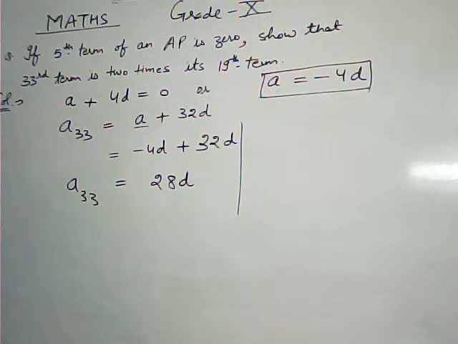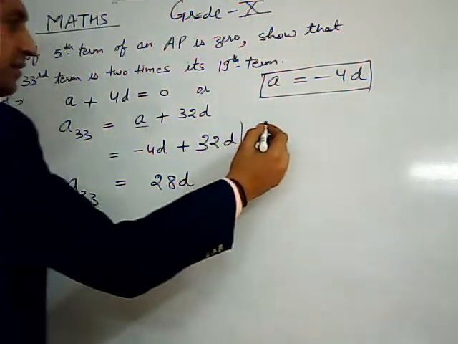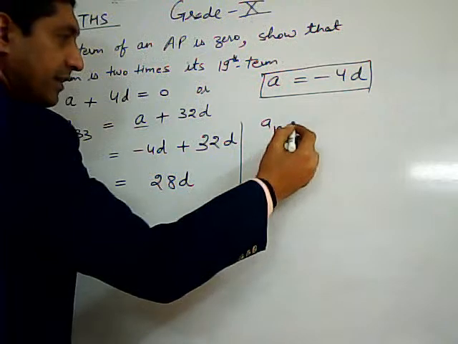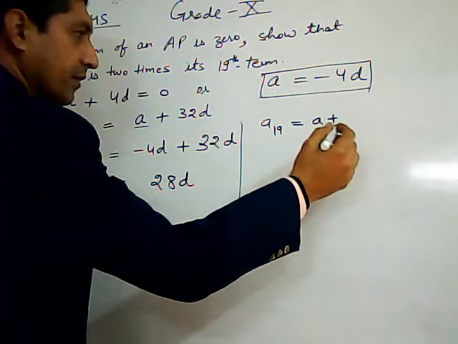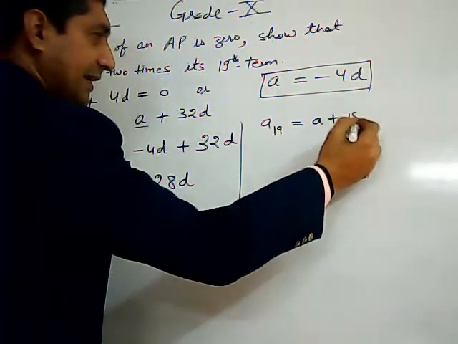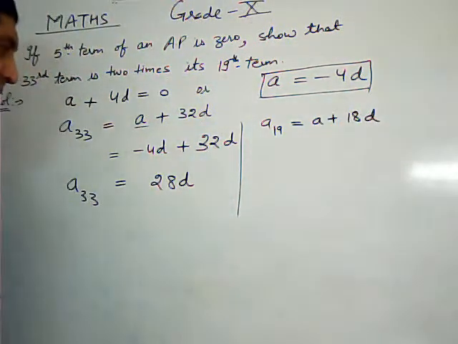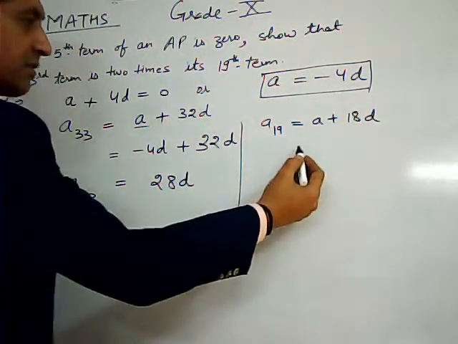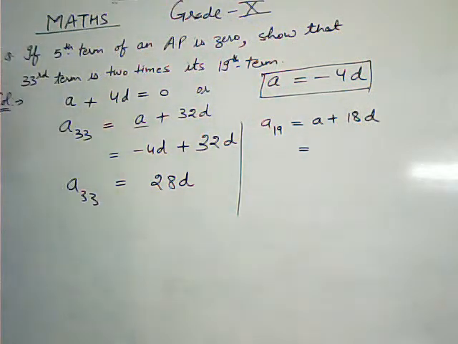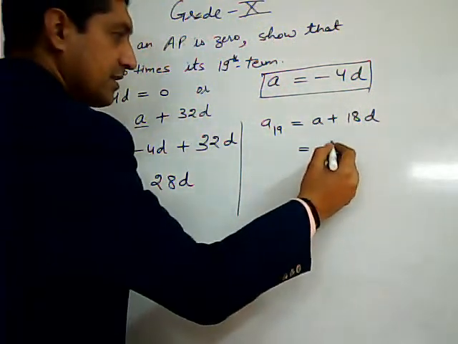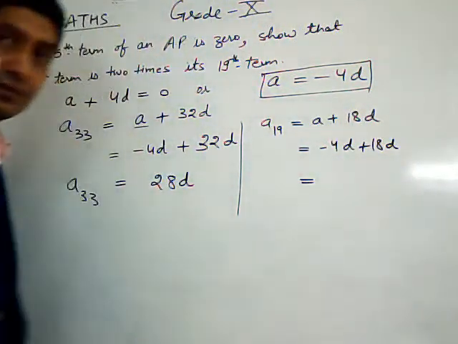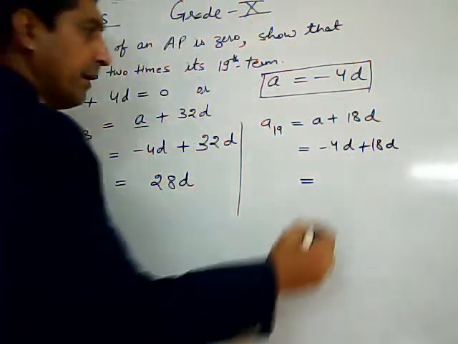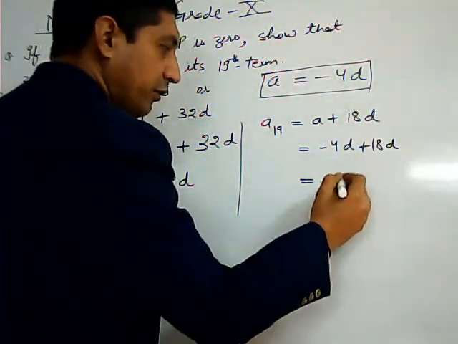We can write the 19th term, A19, as A plus 18D. In place of A, substituting the value minus 4D plus 18D, we will get the value 14D.